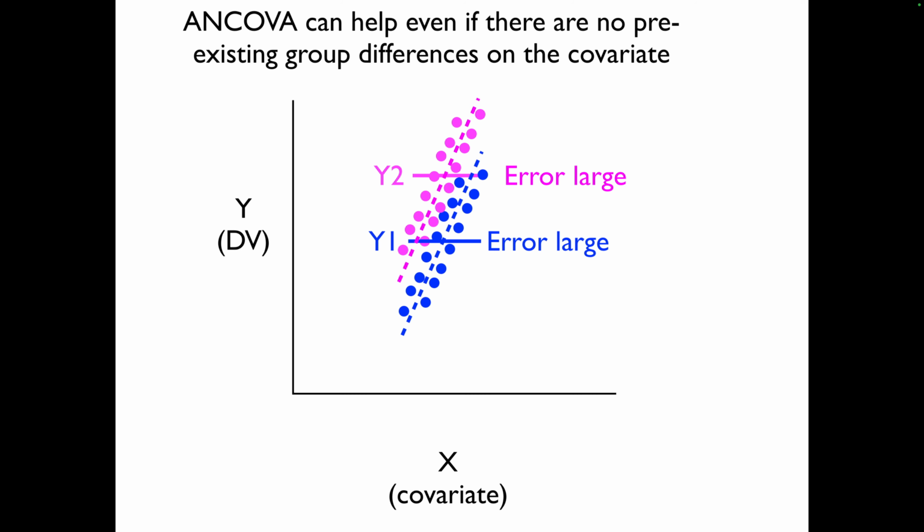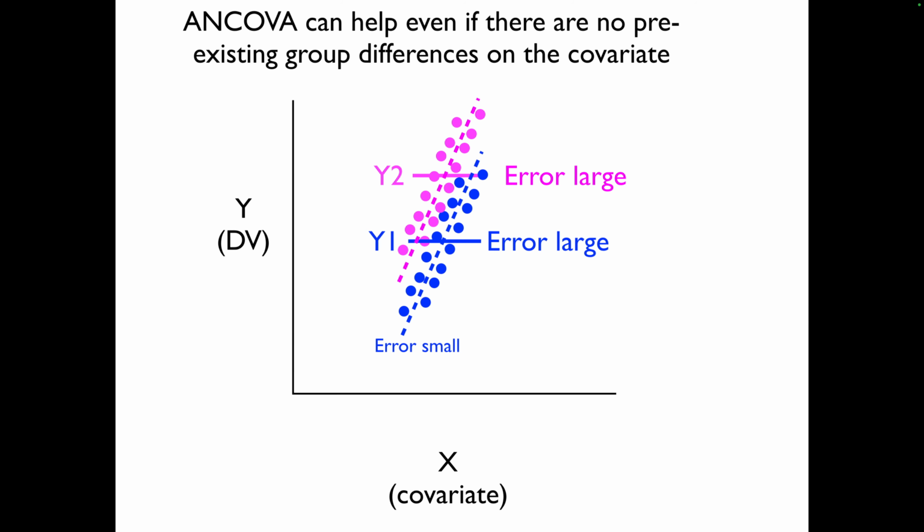The two groups are basically completely overlapping on the covariate, right? There's no difference in the average value along x. But if we include the covariate in the model, we allow those horizontal lines to have a slope. And so now the vertical distance between each data point and the sloped lines is much smaller.